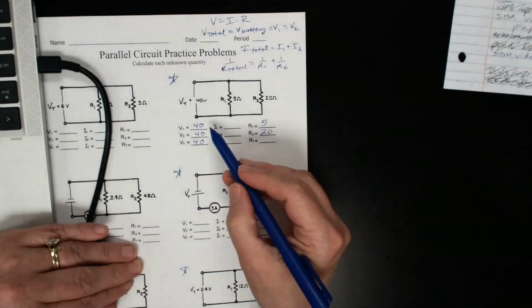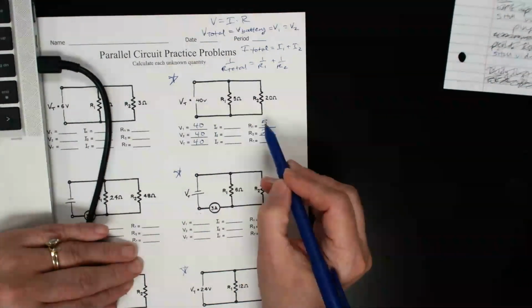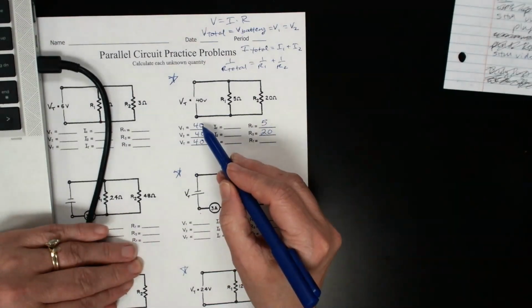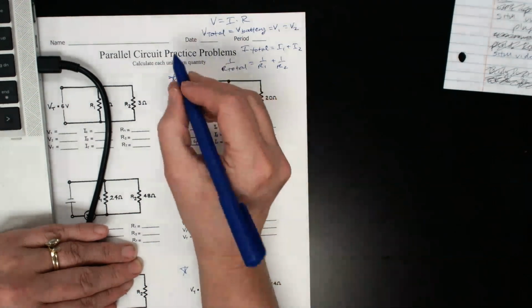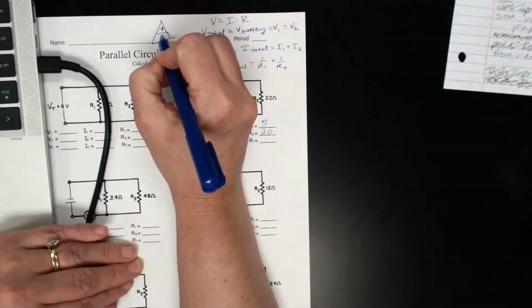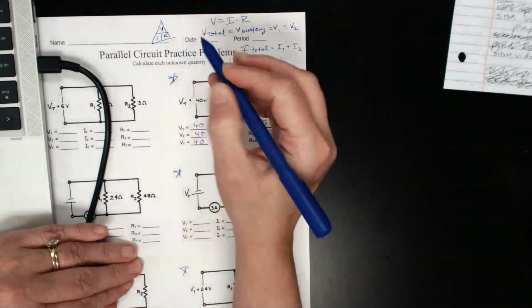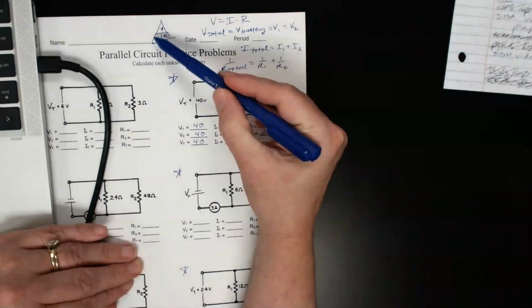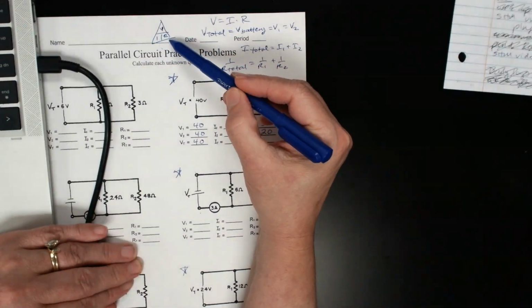Then I see that I've got voltage and resistance for each of these lines, so I can use Ohm's law here. Remember your triangle. Okay, so if I've got voltage and I've got resistance and I need current, I'm going to divide voltage by resistance.